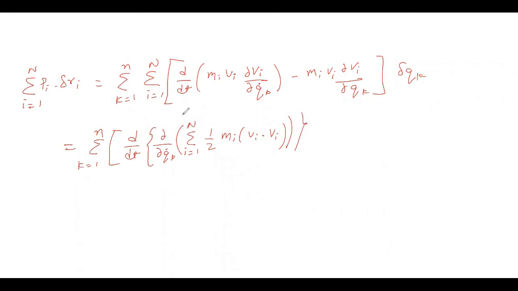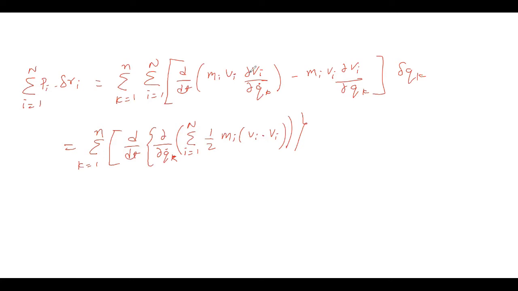This summation part was taken inside because I will vary from 1 to n and k will vary from 1 to n. So hope this part is clear. Because the k part is outside, the k is here and I can be taken inside.